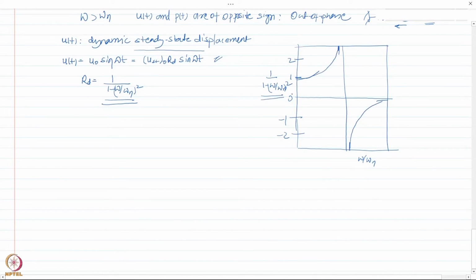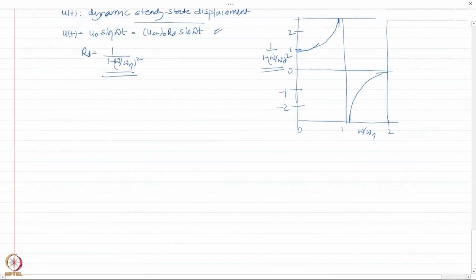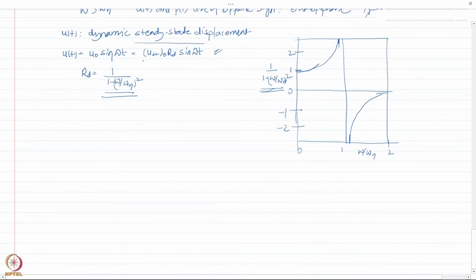The value depends on the frequency ratio. Let us say this is 0, 1, 2, and so on. So it depends on the frequency ratio omega by omega n, and whether this expression is positive or negative also depends on omega by omega n. So what I would do, I would delete this term here.